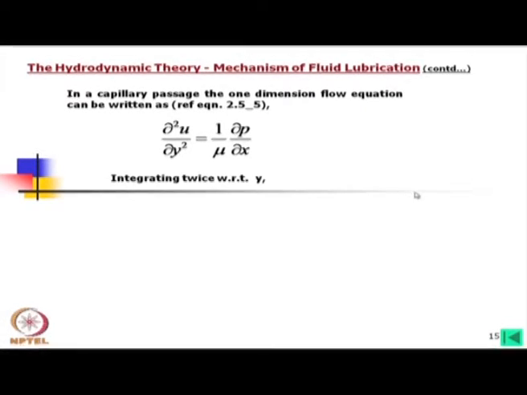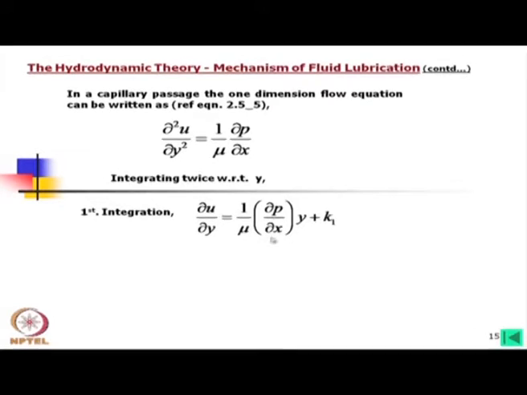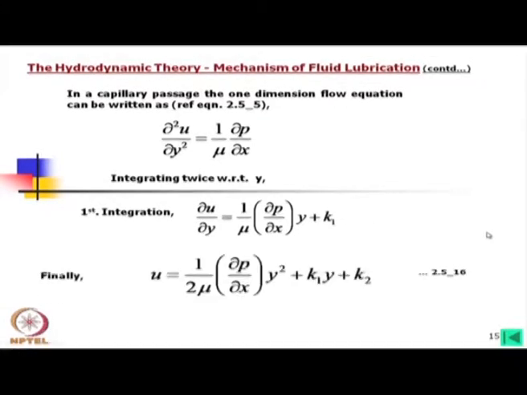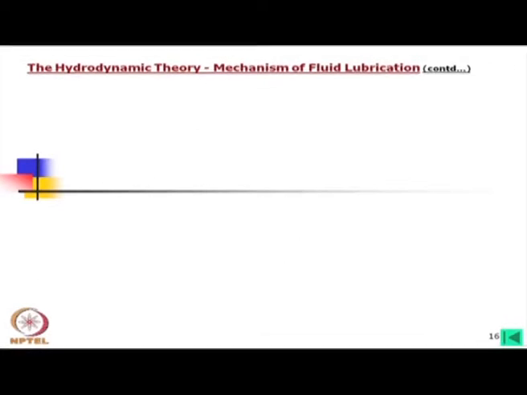Now, integrating twice with respect to y, after the first integration we get del u by del y is equal to 1 by mu del p by del x into y plus k 1, and after the second integration we get u is equal to 1 by 2 mu del p by del x y square plus k 1 y plus k 2, where k 1 and k 2 are integration constants. This is the same as we did earlier in the case of two flat parallel plates.